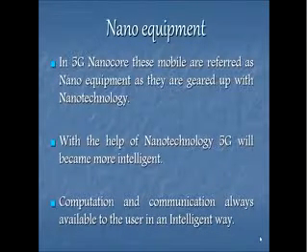The mobile phone has become more than a communication device in the modern world. It has turned into an identity of an individual. In 5G nanocore, these mobiles are referred to as nano equipment as they are geared up with nanotechnology. One of the central visions of the wireless industry aims at ambient intelligence: computation and communication always available and ready to serve the user in an intelligent way.